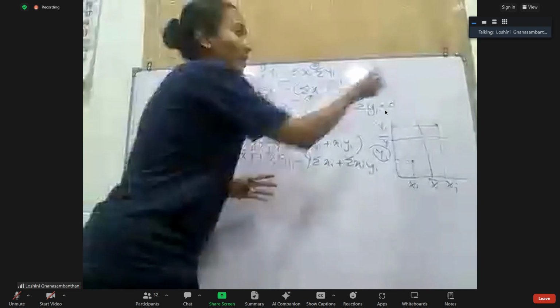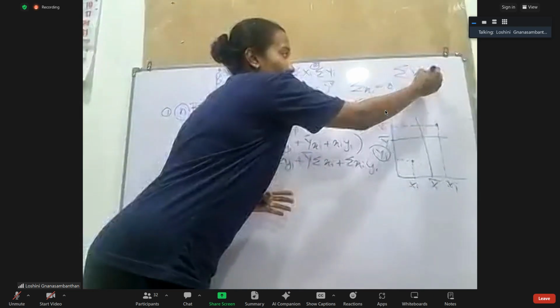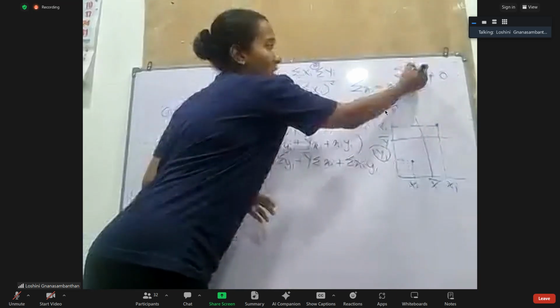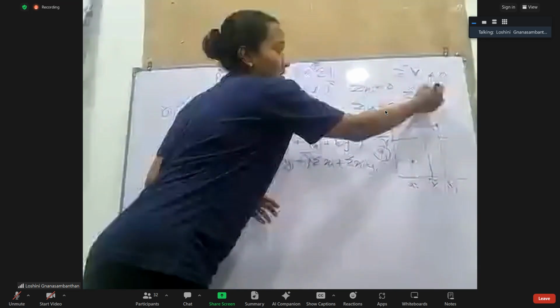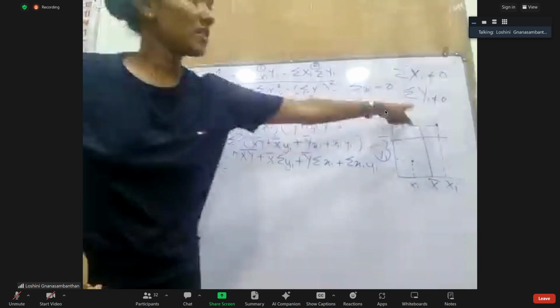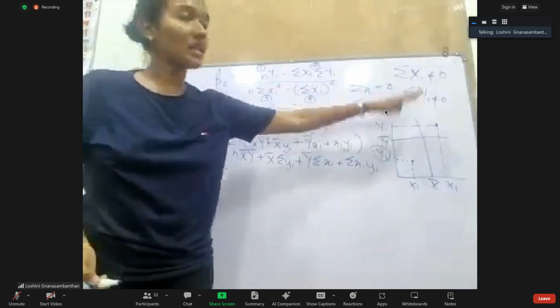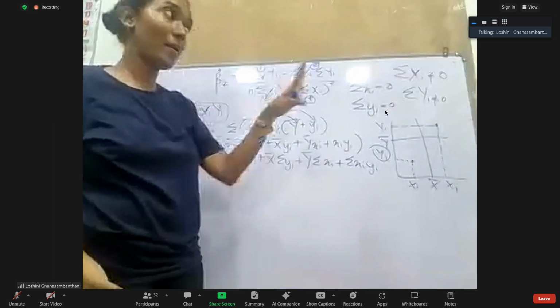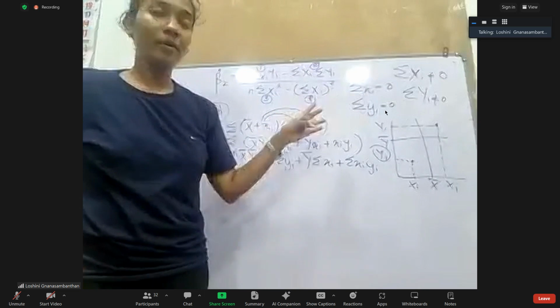But don't get me wrong, sigma capital Xi is not zero. Sigma capital Xi or sigma capital Yi, they are not zero. They represent what? The capitals represent the actual values. Okay. Remember the words, because these are very important.